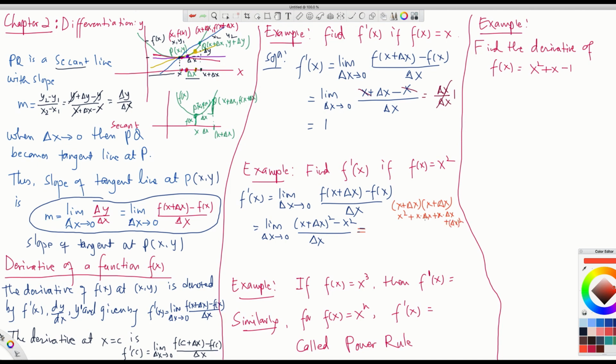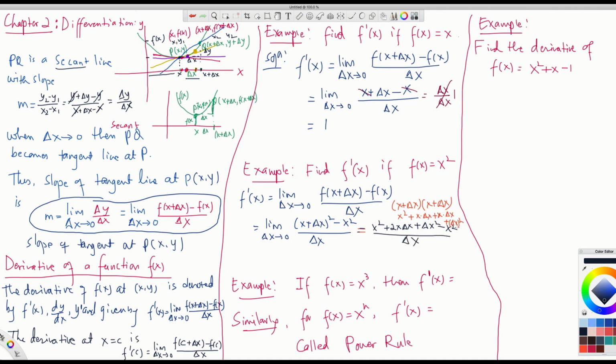So x times delta x plus x times delta x will be 2x times delta x. So let me write down that it is x squared plus 2x delta x plus delta x squared, minus that x squared, divided by delta x.